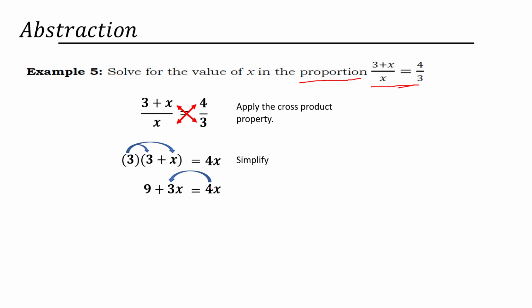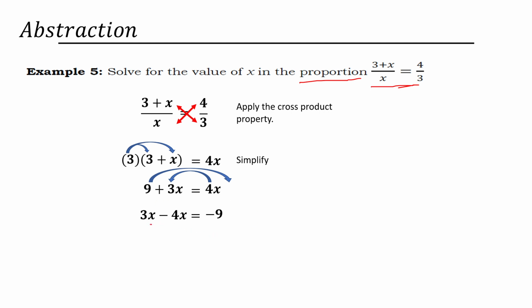Then transpose 4x to the other side. To solve for x, transpose 9 to the other side. So we'll have 3x minus 4x is equal to negative 9. Okay, let's continue.